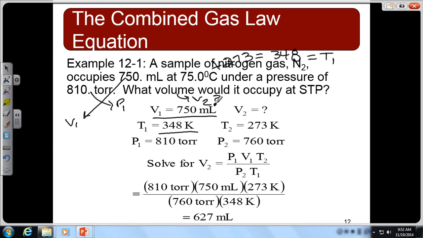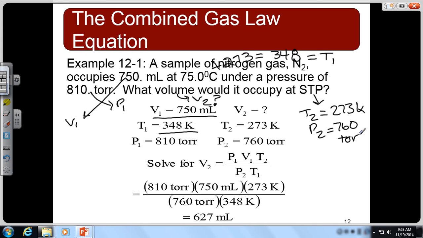So we're wanting to go from the conditions given to us first to what the volume would be if we change conditions to STP. You're going to be given ones like this, and it's going to require you to know what STP means, right? So STP means what? Temperature T2 is going to be 273, and P2 is going to be 760 torr.